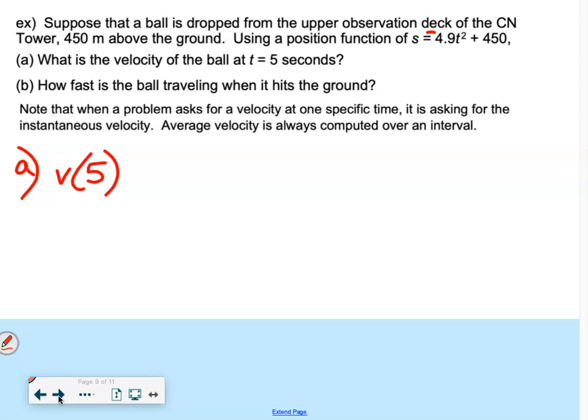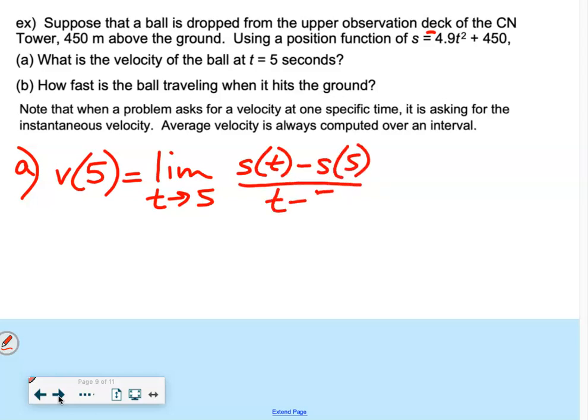Makes no difference to me. Okay. So we would do the limit as t approaches 5 of v of t, s of t, sorry, s of t minus s of 5 over t minus 5.